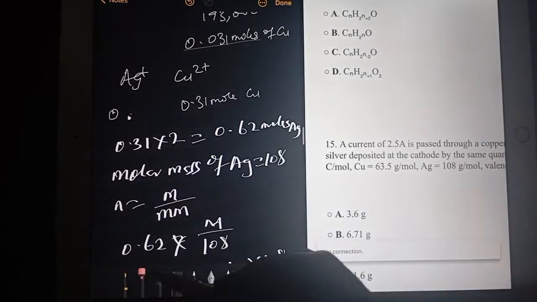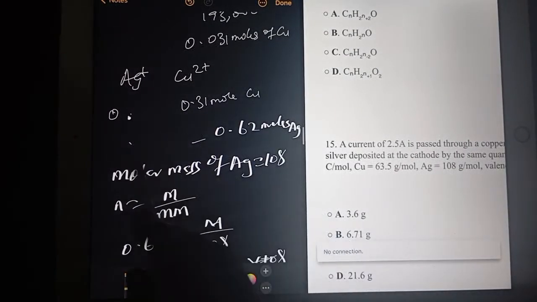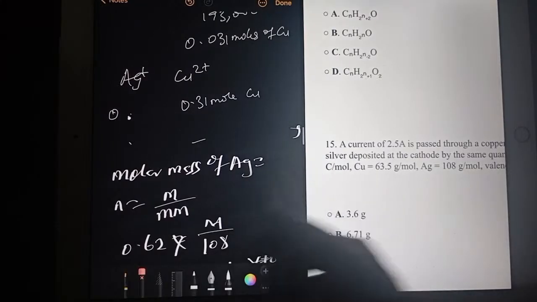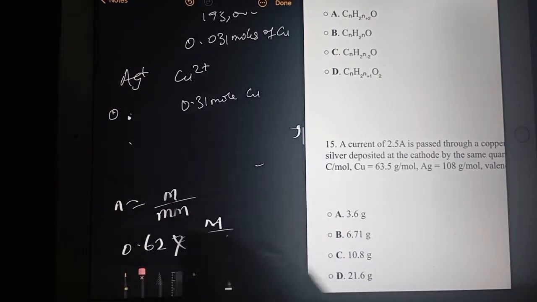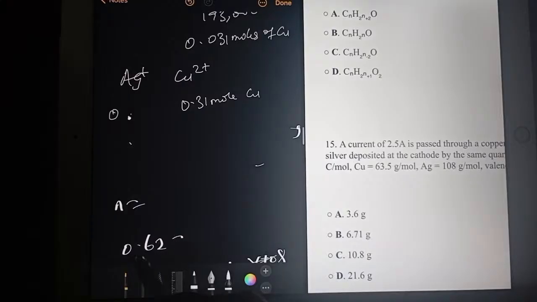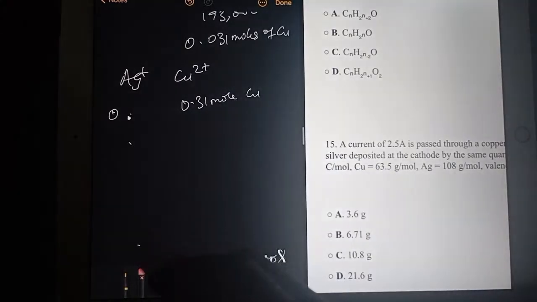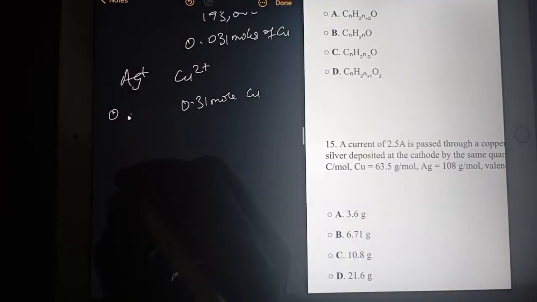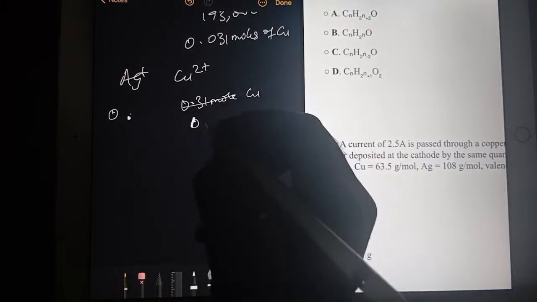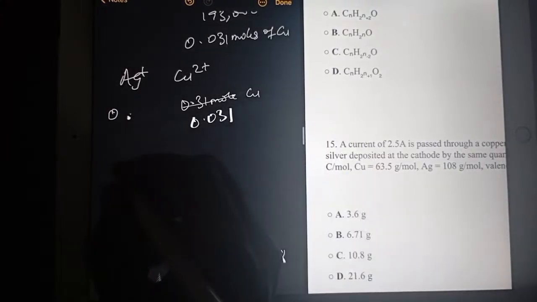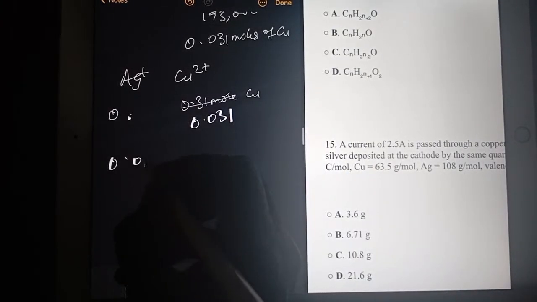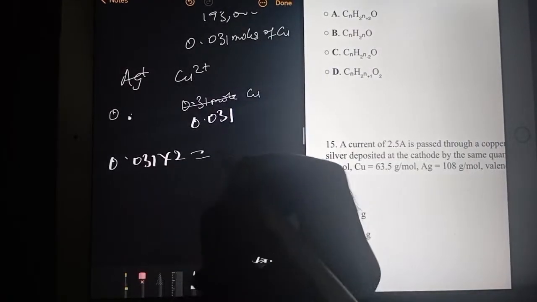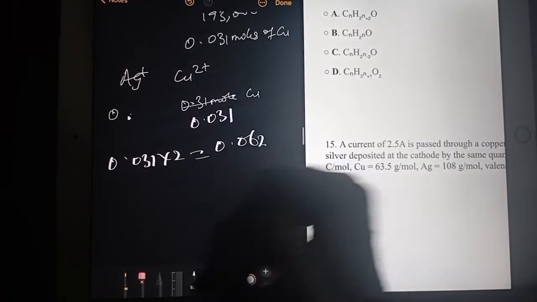This is from here, 0.062, which is 6.67. Okay. Sorry for the mix-up. I omitted one decimal point, and that will multiply the answer by 10, of course. So over here is 0.031, so that of silver will be 0.031 times 2 to give us 0.062.